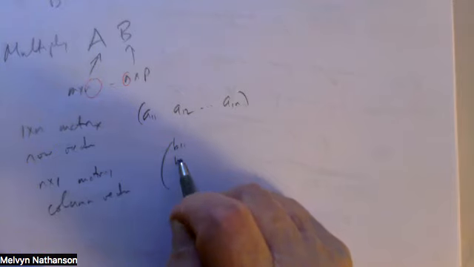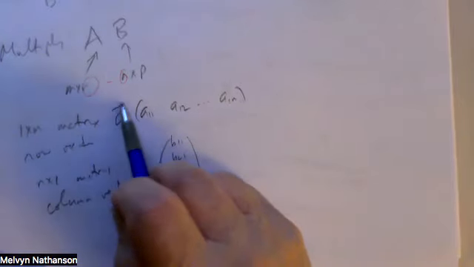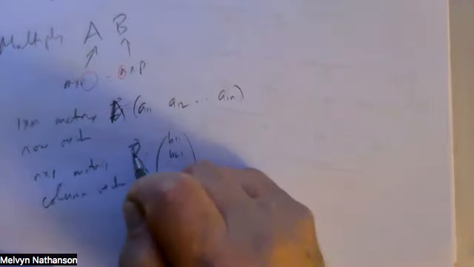N rows, 1 column. So let me just call this A, and call this B.